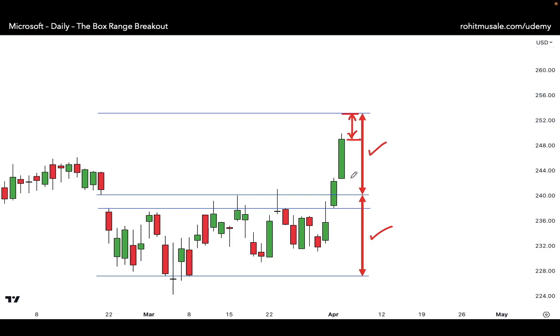keeping a target. Or if you want to continue to ride and analyze or manage the trade on a candle by candle basis, you can do that as well. This is called subjective trading. So you take a long position, you keep your stop loss far away, and then you don't keep a target. You just watch every candle after you take the trade.